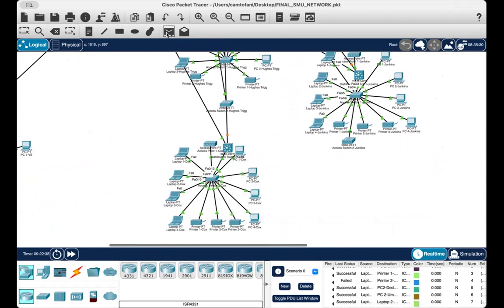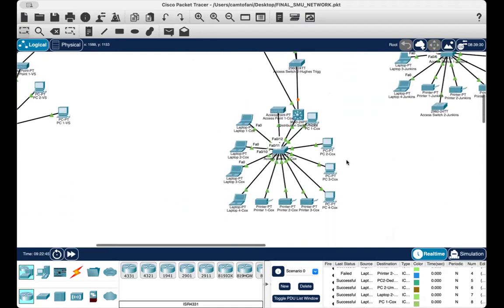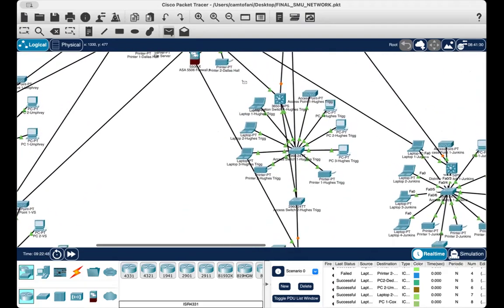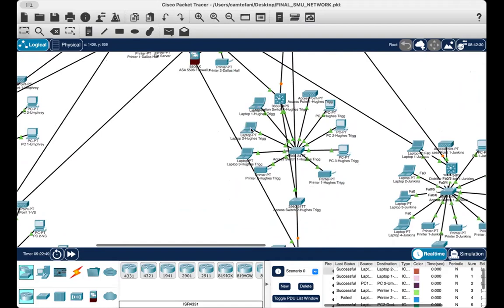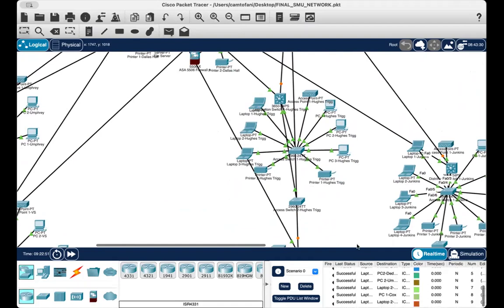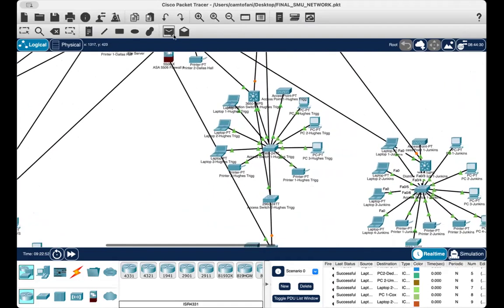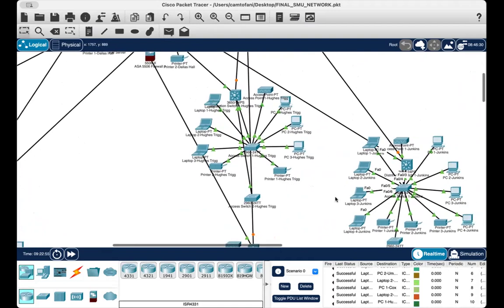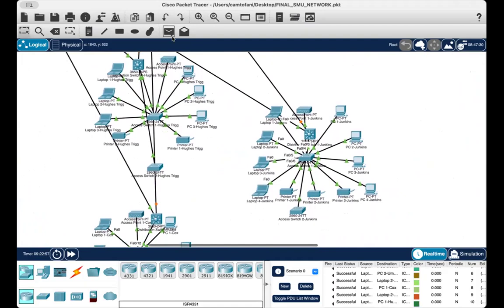So as you can see in Cox, there's going to be a bunch of laptops for the students that are using it, and a bunch of PCs as well because there are classrooms and all that stuff. Right now Cameron has control of the simulation, so you can see everything was configured to be able to communicate with each other, also following the same VLAN format where VLAN 10 works with students and VLAN 20 works with faculty.